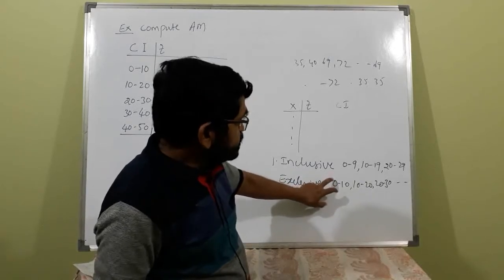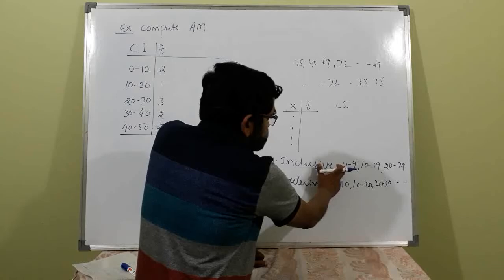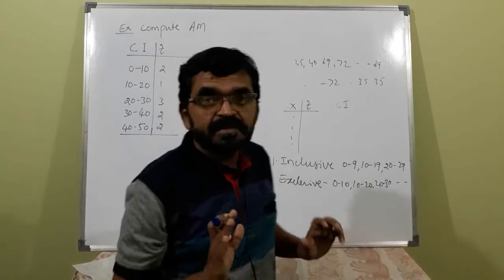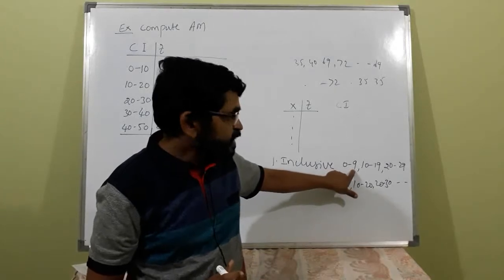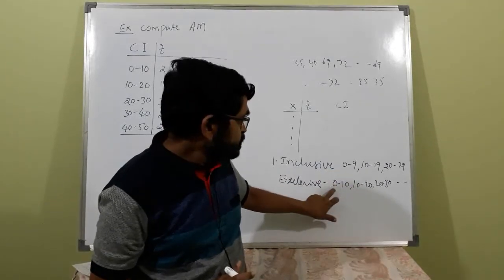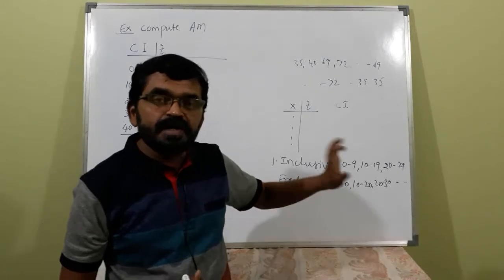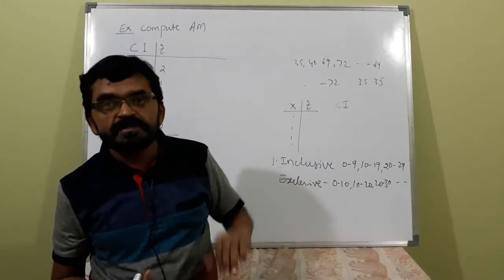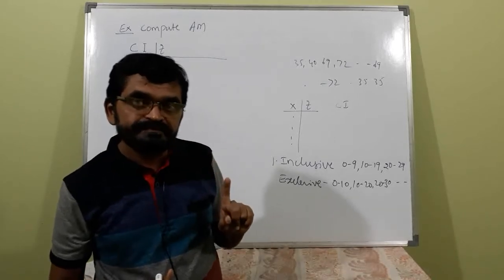See, this is the class, and 0 and 9 are called class limits, 0 is the lower limit and 9 is the upper limit. Here 0 is the lower limit, 10 is the upper limit. We have to either exclude the lower limit or the upper limit. So it is called exclusive class interval.